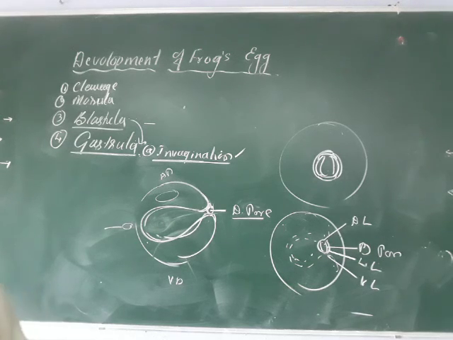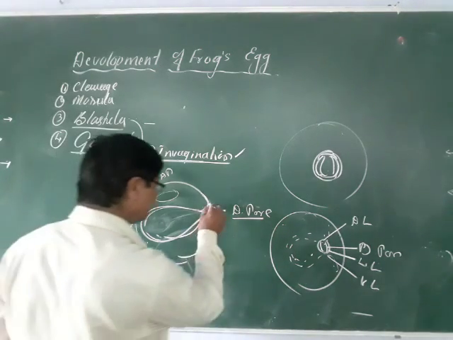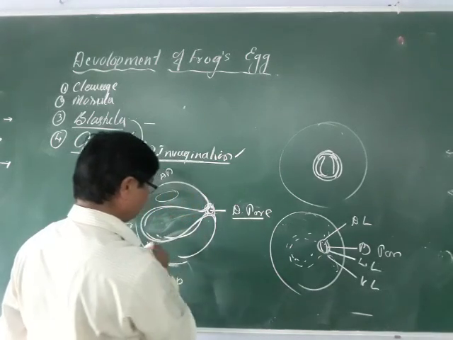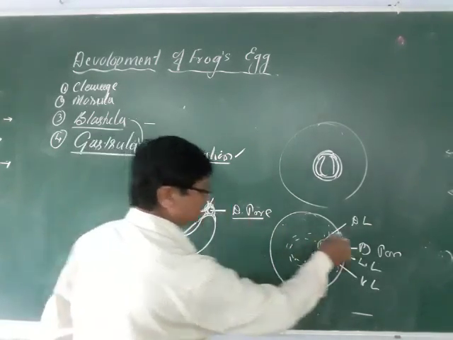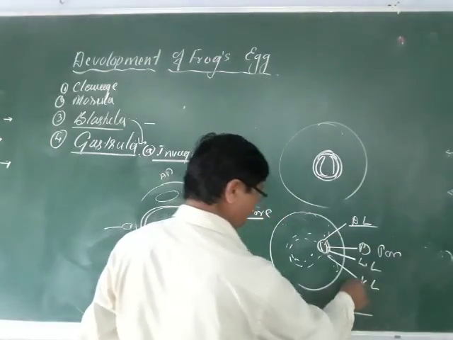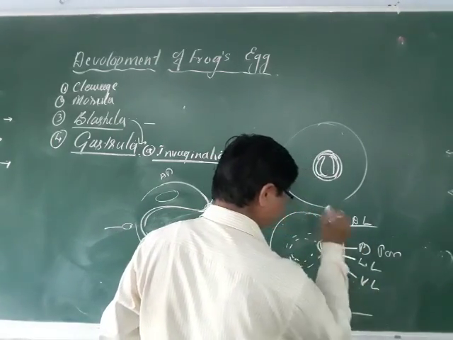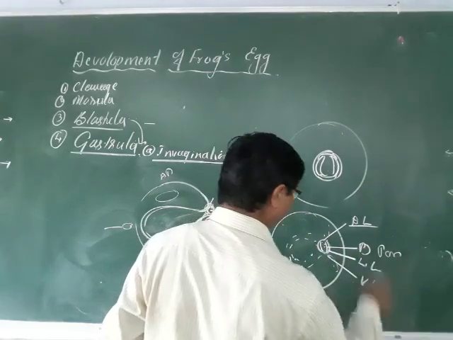The opening of the archenteron consists of the upper dorsal lip, the lower ventral lip, and the lateral lips, and the opening is the dorsal pore.